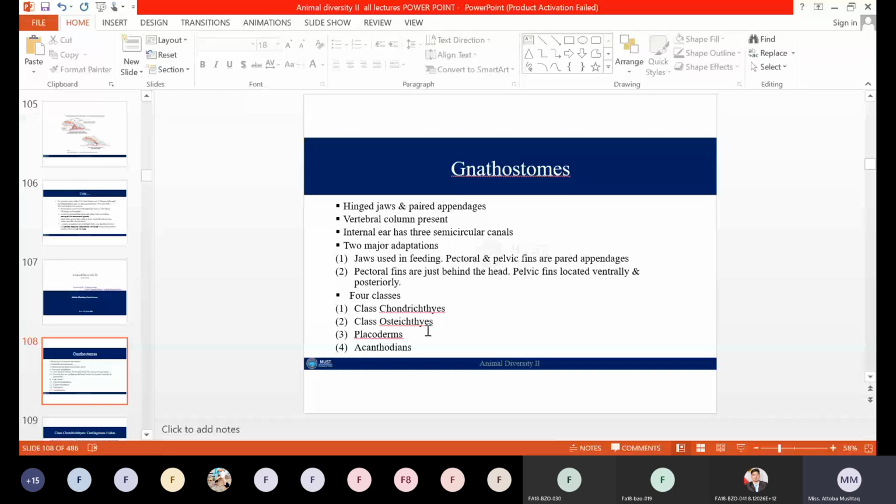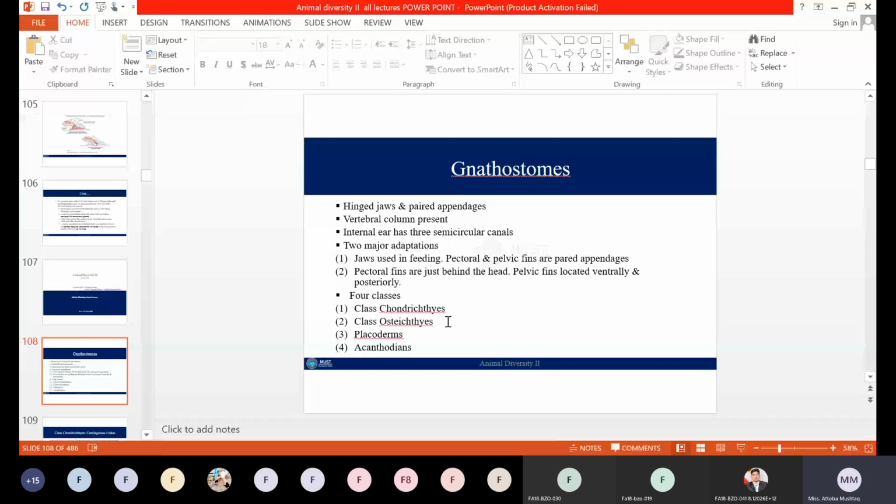Chondrichthyes fishes are also known as cartilaginous fishes. Okay, we also call them cartilaginous fishes, while Osteichthyes fishes are called bony fishes. Okay. So both these classes, Chondrichthyes and Osteichthyes, have living fishes, while placoderms and acanthodians became extinct, right?